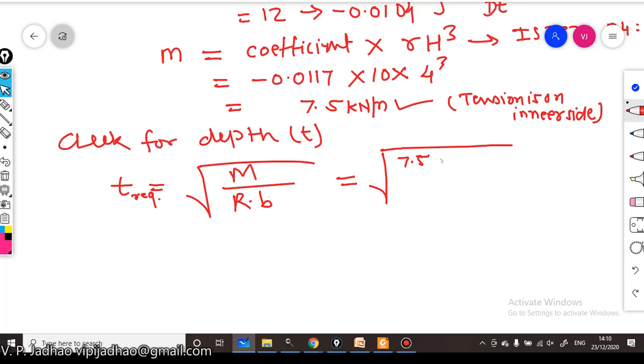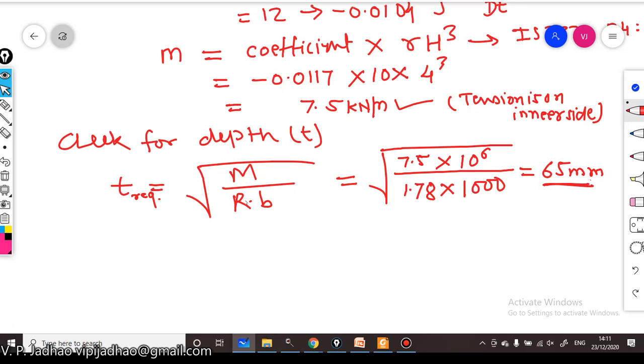So this will be equal to 7.5 multiplied by 10 raised to power 6, we are converting it into Newton mm, divided by R, we have already calculated the value of R as 1.78, multiplied by b, the width of the wall, let us consider it as 1000 mm. This is standard we will be considering. So just solve this, we will get thickness required is equal to 65 mm.